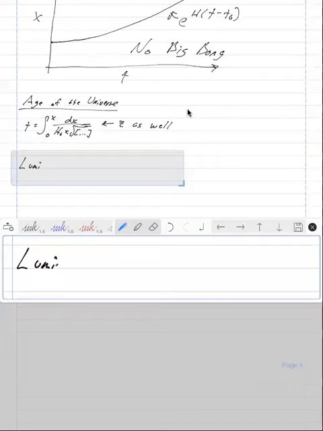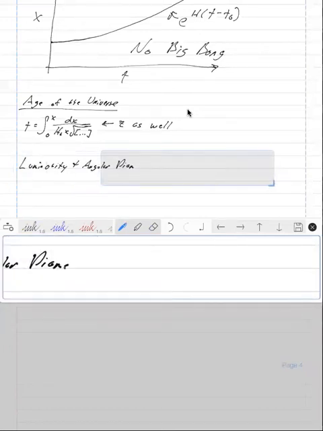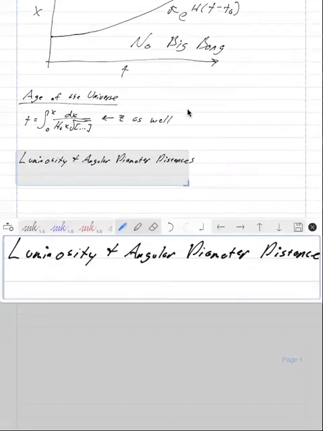So now we're going to calculate luminosity and angular diameter distances in a multi-component universe.